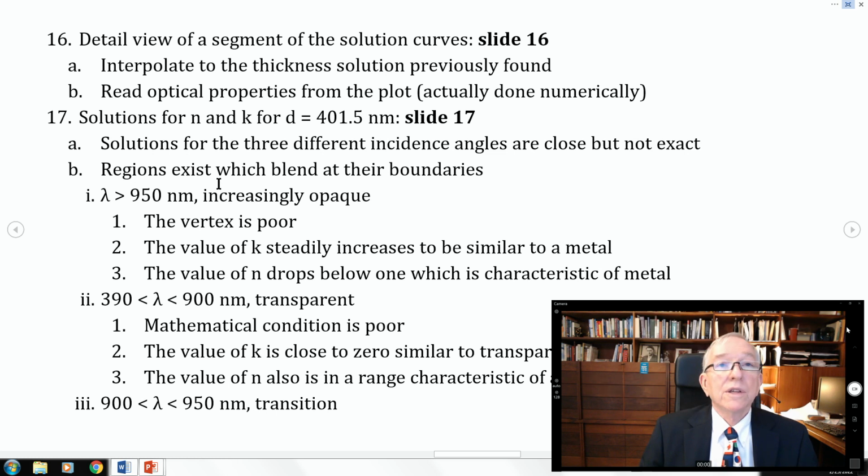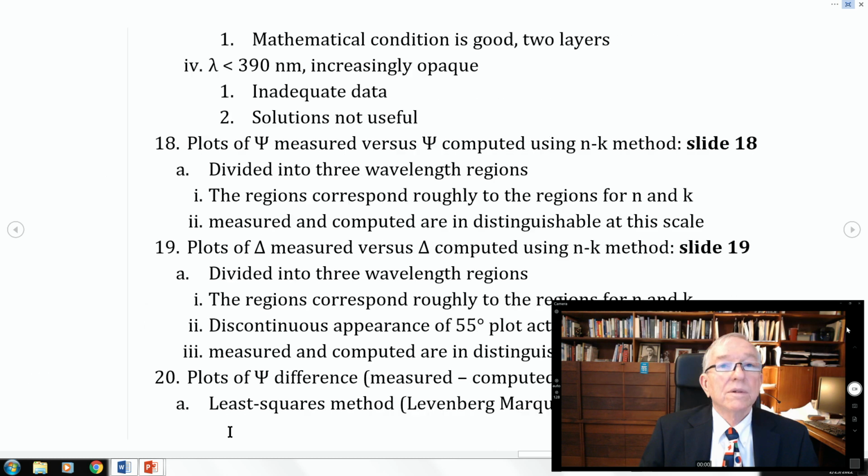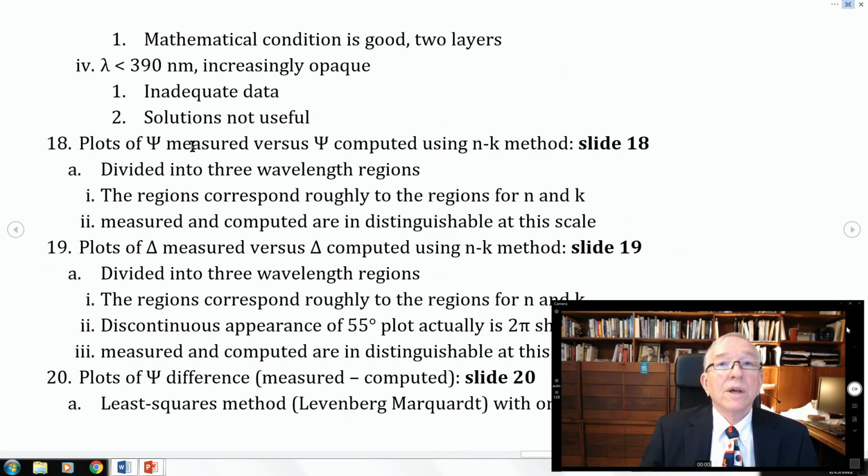Doing that for ITO, we find that there were regions, there was a wavelength in which it was metal-like, transparent, and transparent here, and so on. And that by comparing the psi measured and calculated with the 2 techniques, one Levenberg-Marquardt, one the NK, we find out that you're using the data better with the NK approach.